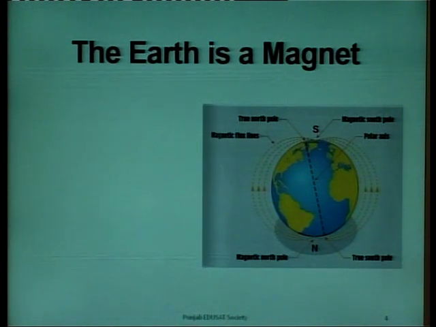The whole earth is divided into the north pole and south pole, and the magnetic lines of force travel from north to south. This is the magnetic north pole and it is called the true south pole, and the true north pole is called the magnetic south pole, and in the center, as we say in the equator, it is the polar axis. So, the magnetic lines of flux are there.